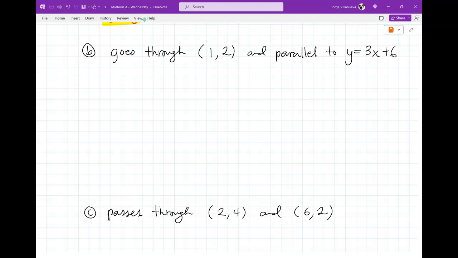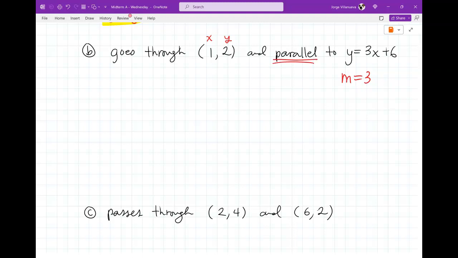So what did they give me here? Well, they gave me a point, right? That one's pretty obvious. They gave me something else: the slope, the m. What's m? 3. m is 3. How do I know that? Well, they said it has to be parallel to that equation, right?